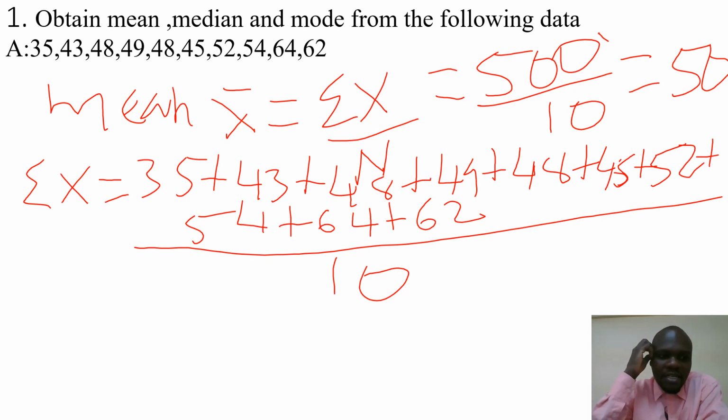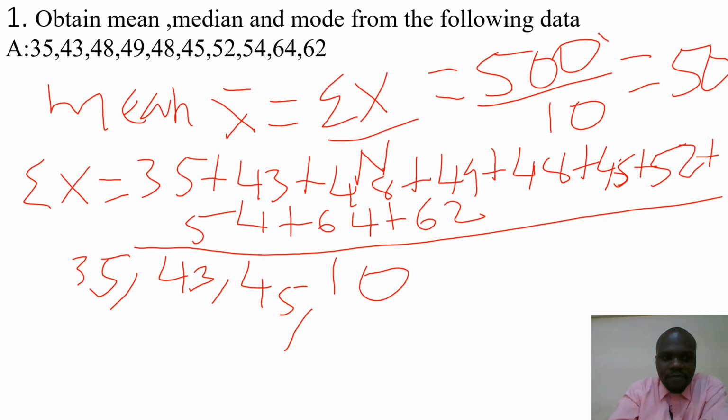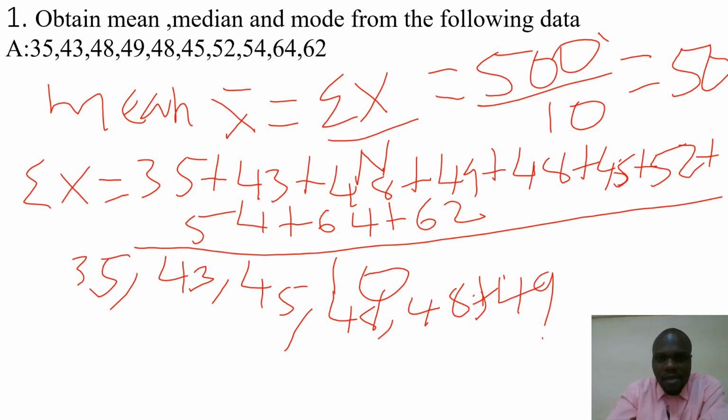This data arranged in ascending order becomes: the first one is 5, then 43, 45, 48, then another 48, then 49, then 52, then 62, and 64.